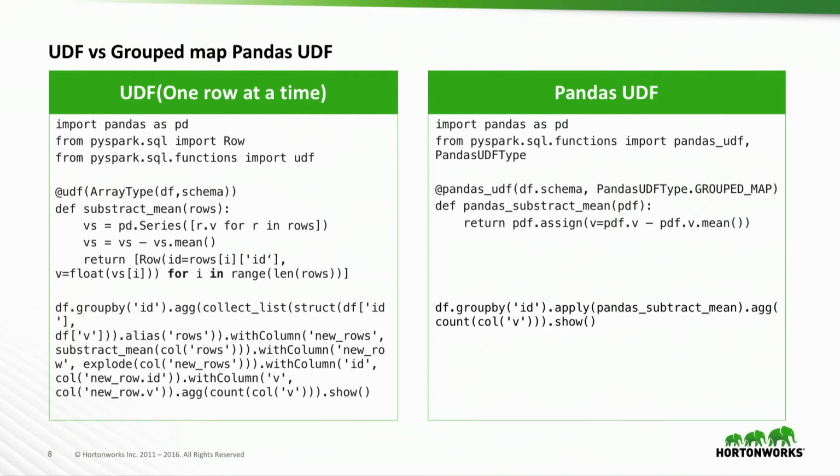Then each group will be stored as a Pandas data frame, and we will apply the Pandas function in a batch fashion, which is very, very fast. At last, we will combine the results from all of the groups into a new Spark data frame.